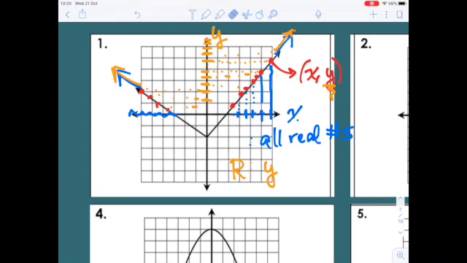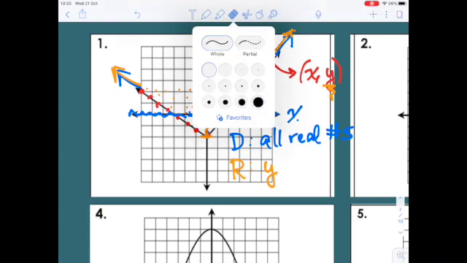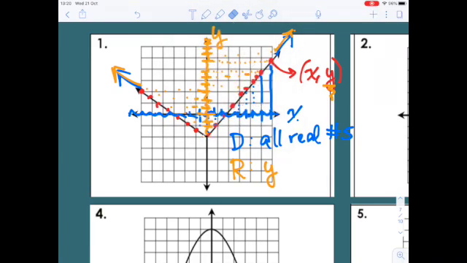Can it be equal to -2? Yes, it can, because if you take a look at this over here, we don't see an open circle. If we don't see an open circle, this means that this is a closed circle, so -2 is included. So all the y values above -2 are part of my range.